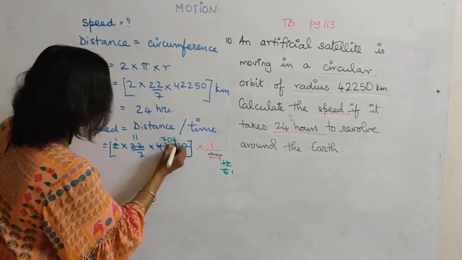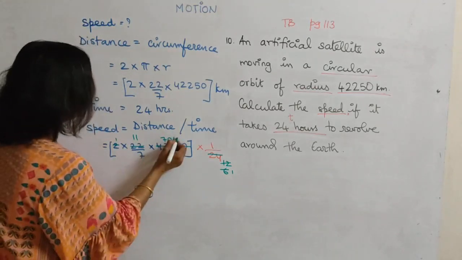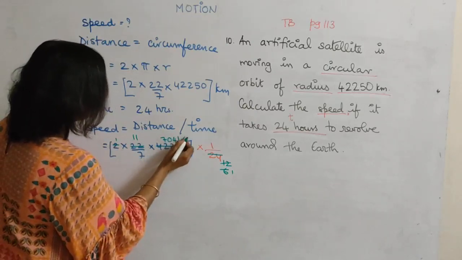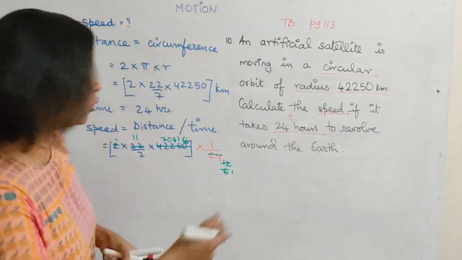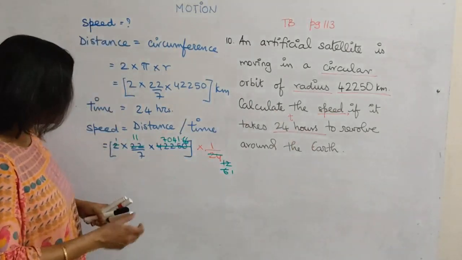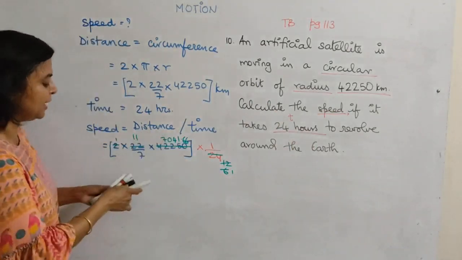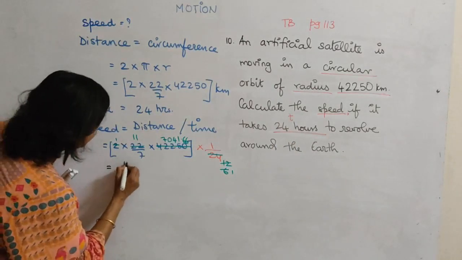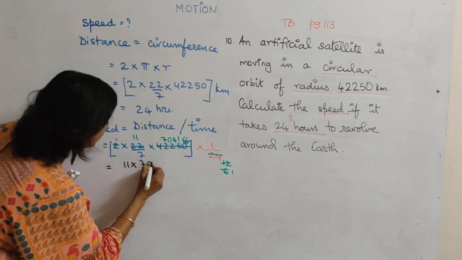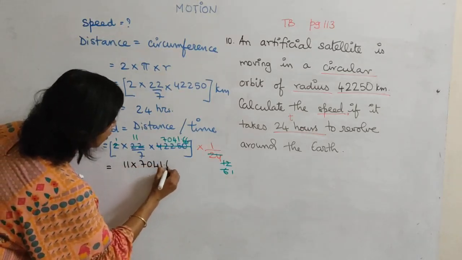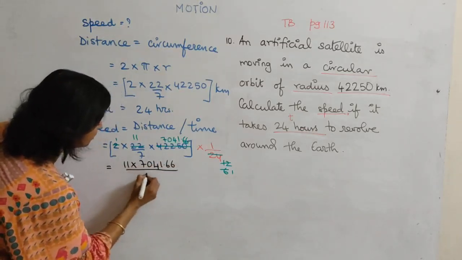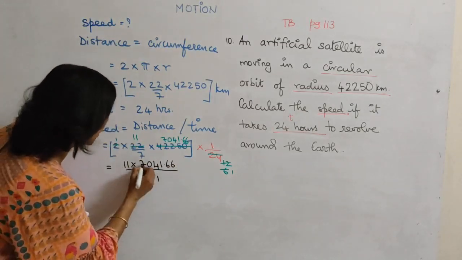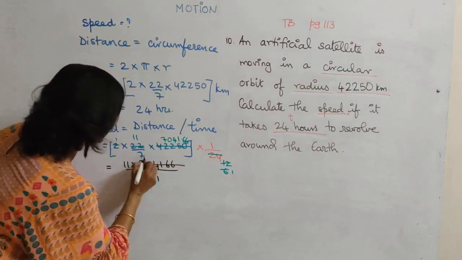6 4s are 24. 1 remainder. 6 1s are 6. 4 remainder. So 6 6. We are not interested in more than 2 places after decimal. Now, just to avoid any confusion, I will write it below. So it is 11 into 41.66 divided by 7. So let us simplify it. 7 1s are 7.